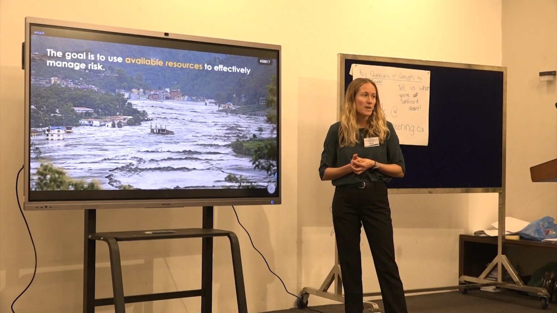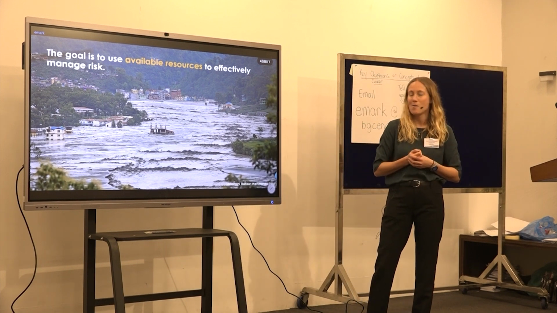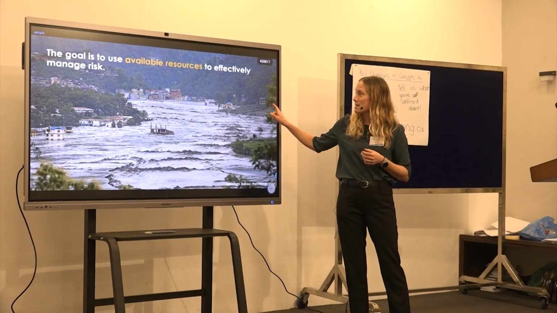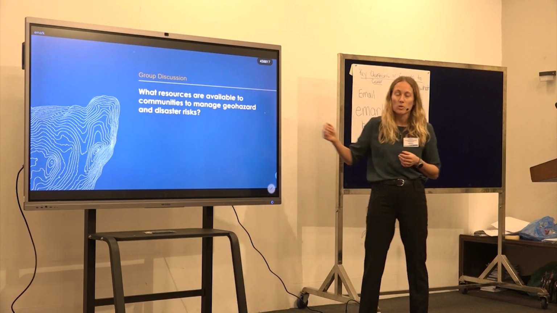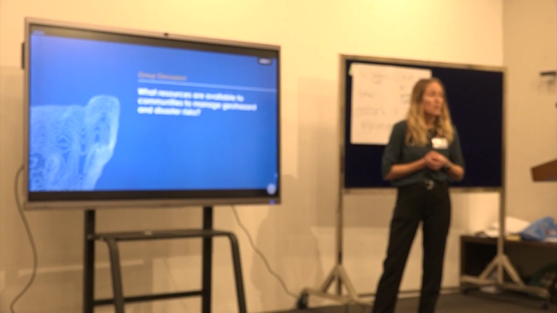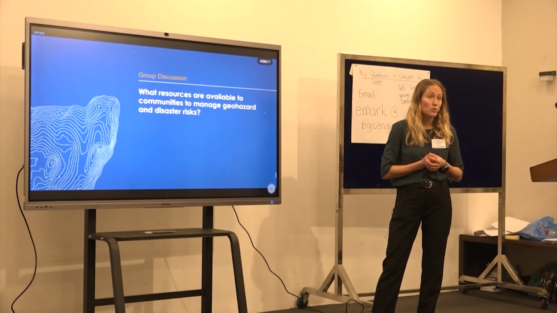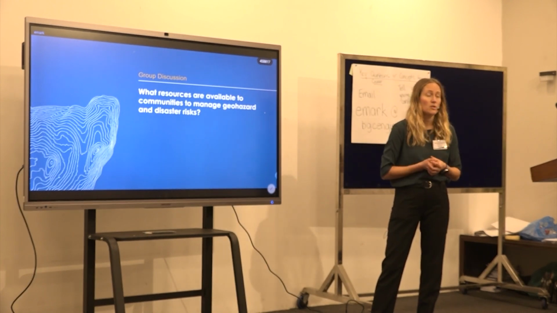I want to take a couple minutes here, maybe this can be an open discussion. What resources are available to communities to manage geohazard and disaster risks? So if you think about maybe the town that you grew up in, or a town that you've been working in, or even the city of Kathmandu, what resources are available to manage disaster risk?